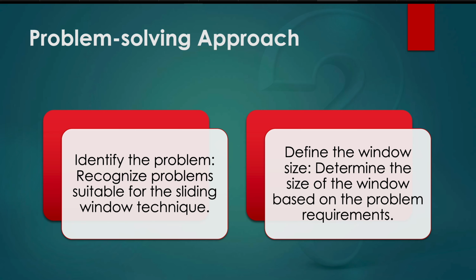To identify whether problems are suitable for the sliding window technique, you have to look for some attributes in the subarray. It could be the sum, the number of unique elements, the frequency of specific elements, or any other attributes. And the second thing is there is a restriction as well on the constraint metric.